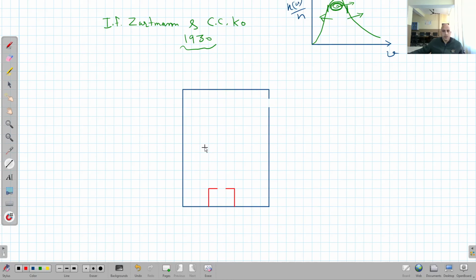Then there is a drum at the top of this oven. So I'm going to show all this. This is connected to the vacuum pump.